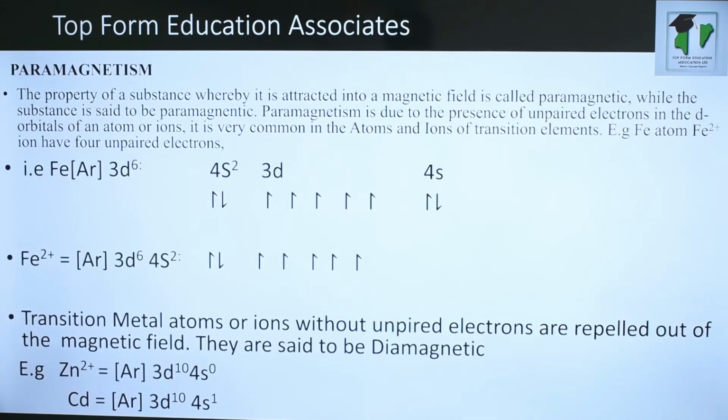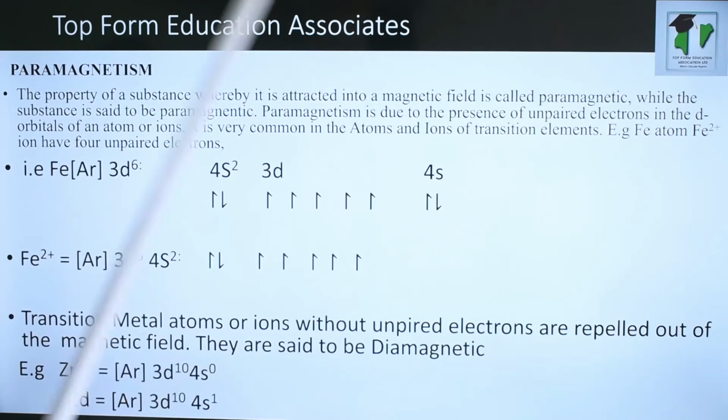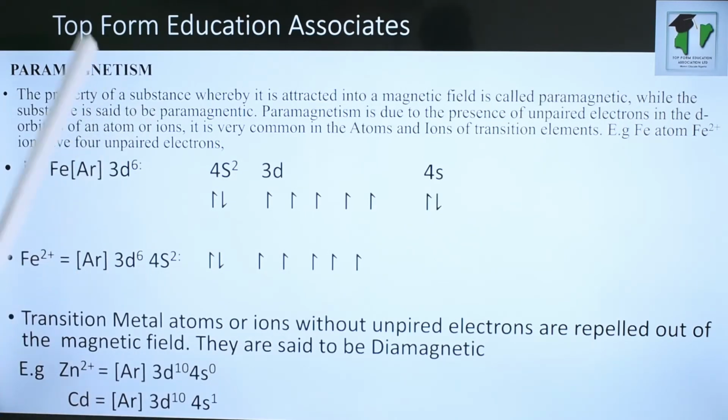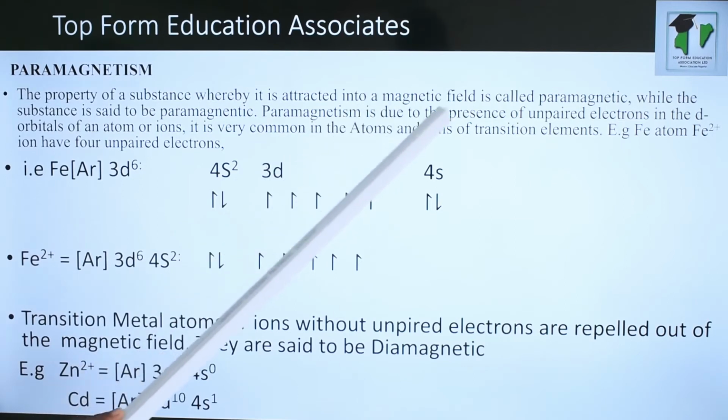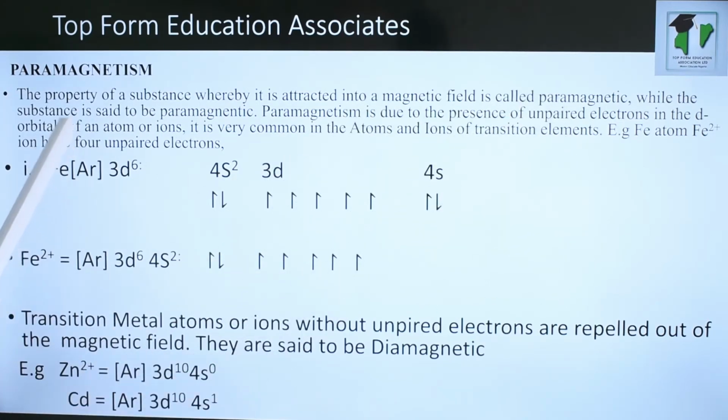Paramagnetism. The property of a substance whereby it is attracted into a magnetic field is called paramagnetism, and the substance is said to be paramagnetic. Paramagnetism is due to the presence of unpaired electrons in the d orbitals of an atom or ions.